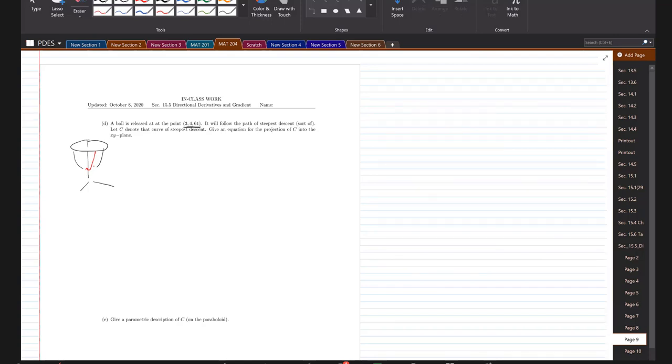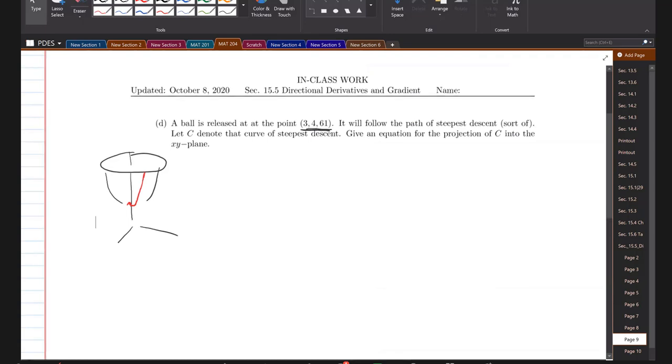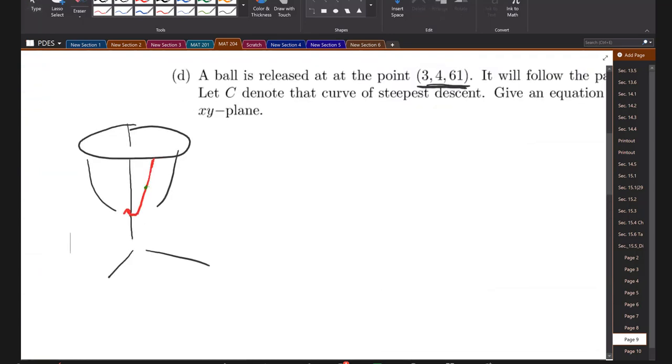Okay? So at any point, my gradient would be pointing, let me zoom in on that. So for example, right here, at this point, my gradient would be pointing this way. And so the ball, as far as steepest descent, is heading in the opposite direction of the gradient.